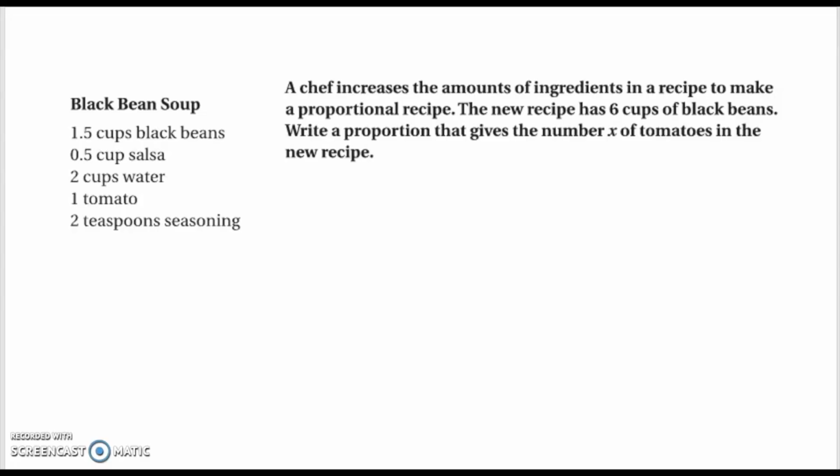So the new recipe calls for 6 cups of black beans. Okay, so when we're setting up our new recipe, we're using 6 cups of black beans, but we can see in our original recipe, we only used 1.5. So we're going to be comparing the original recipe to the new recipe.